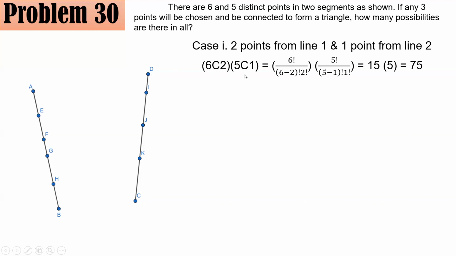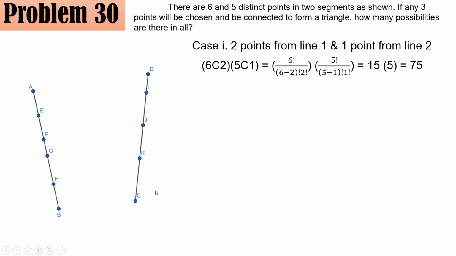And by the fundamental counting principle, we have to multiply them. 6C2 is 15. 5C1 is 5. So 15 times 5 is 75 ways for you to have the 2 points here and the 1 point here.